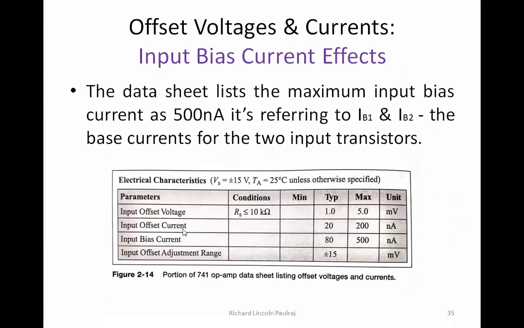Here you can see the input bias current, that is IB is 500, and the unit is nanoamps. So 500 nanoamps we are taking, right? Is that clear? Now can you recall? So maximum we are taking, maximum input bias current. Fine.